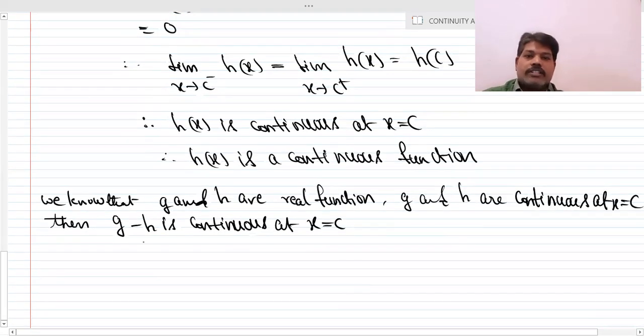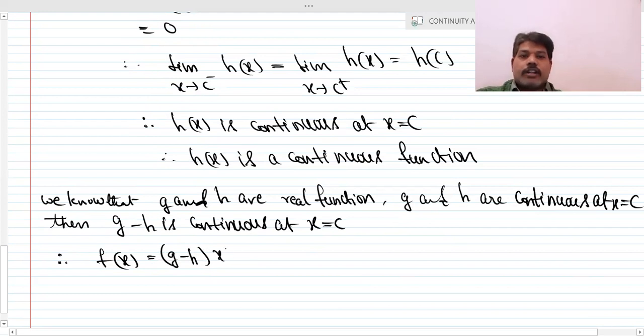Therefore, from this condition we can define f of x is equal to g minus h of x. What is the meaning, students?